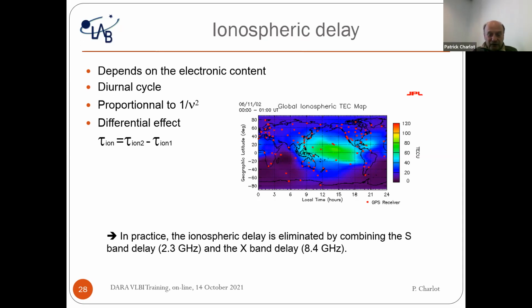And as for the troposphere, it is also a differential effect. So you need to difference the value calculated for one station to the value calculated for the other stations.